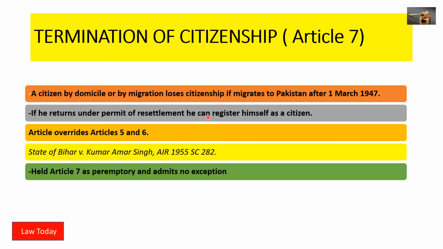Thus, in the State of Bihar versus Kumar Amar Singh, the Supreme Court held that if a wife who was born and domiciled in India goes to Pakistan after March 1st, 1947, leaving her husband in India, she would lose her citizenship. Article 7 was held to be peremptory and admits no exception in this regard.